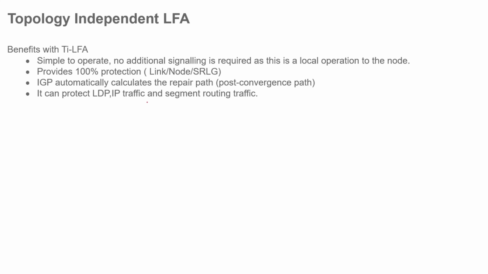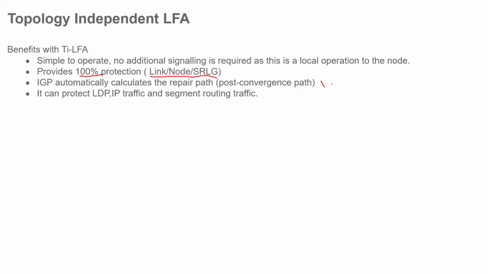The benefit of Ti-LFA is that it is a completely local operation to the node, and it always provides 100% protection. And we can have link, node, or SRLG protection based on the requirement.